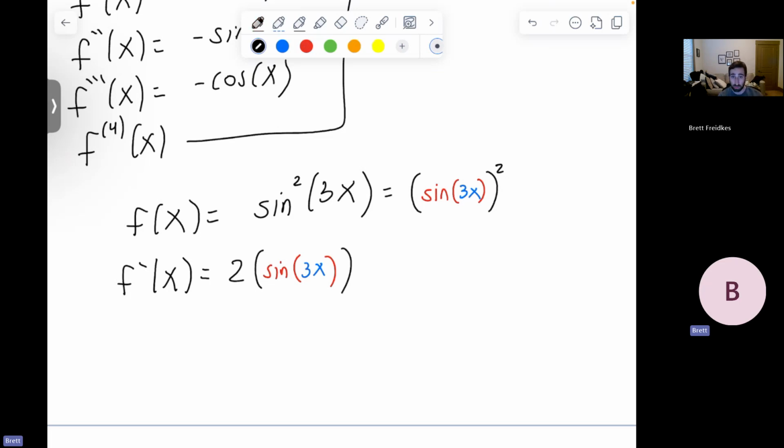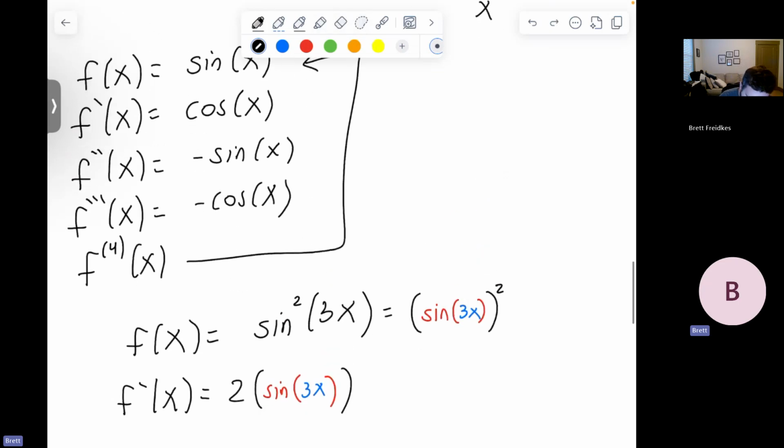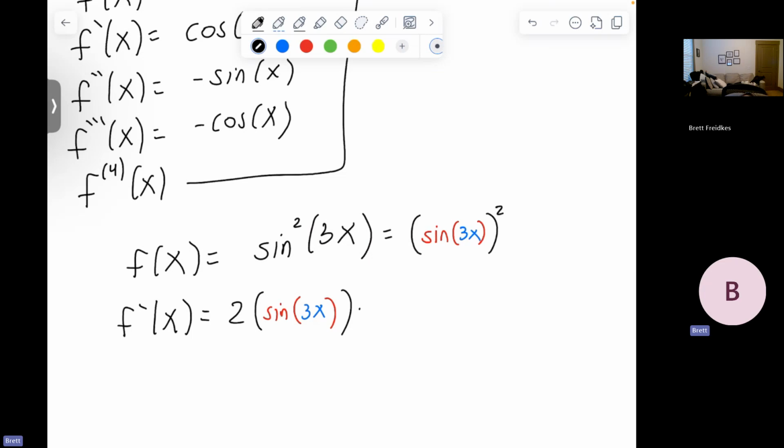I brought the 2 down, and now I am done with that first part of it. Now I need to multiply by the derivative of the inside. Well, the derivative of sine of 3x, or rather just the derivative of sine, is cosine. So I'm going to multiply this by cosine. And I'm going to do it in black, actually. Cosine of 3x. That handles our red portion, our red function.